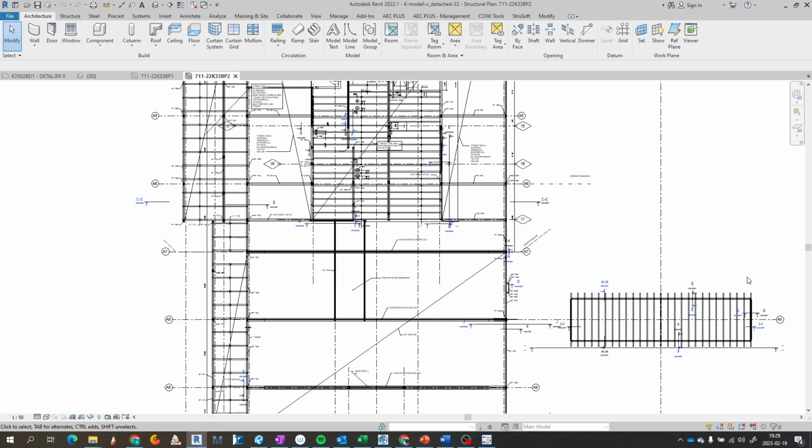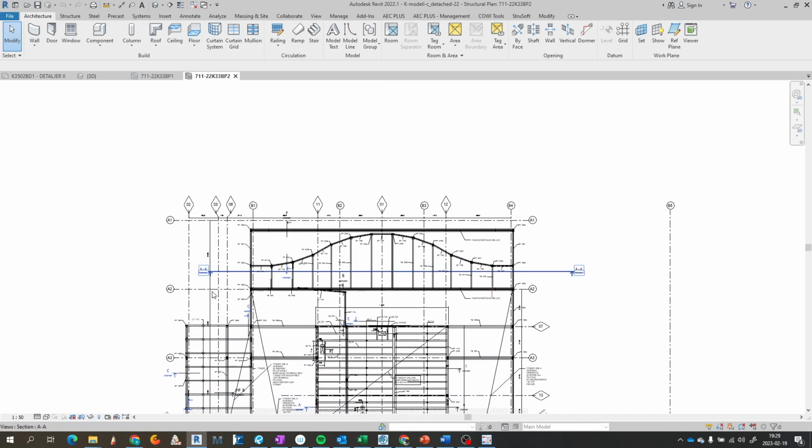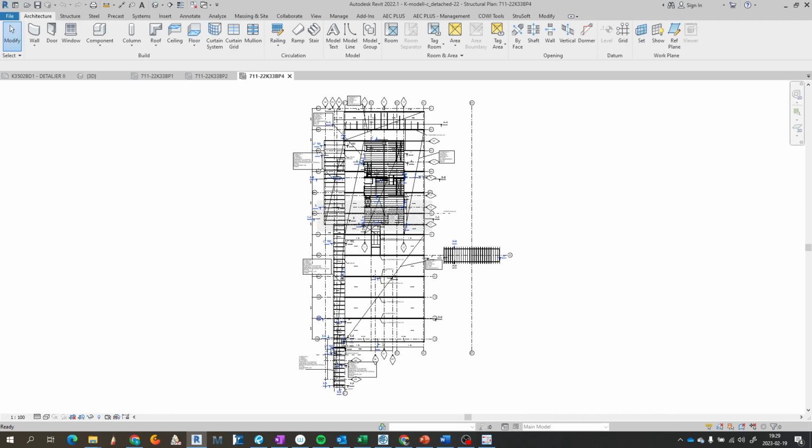Right. Maybe I will show you some details about this stuff. For example, I'm going to look at the detail drawing.